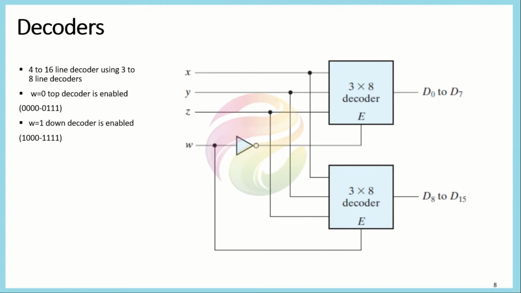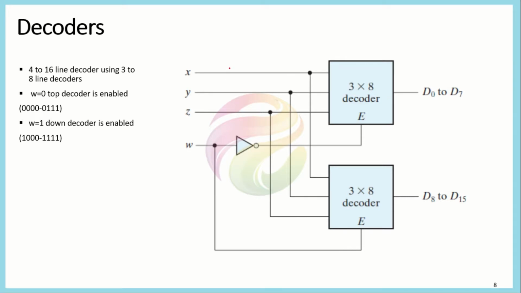Now we will be discussing a few other circuits relating to the decoders. We could form a larger decoder by combining two smaller decoders. Say we have two 3 to 8 line decoders. We will be using the enable pin to convert it into a 4 to 16 line decoder.